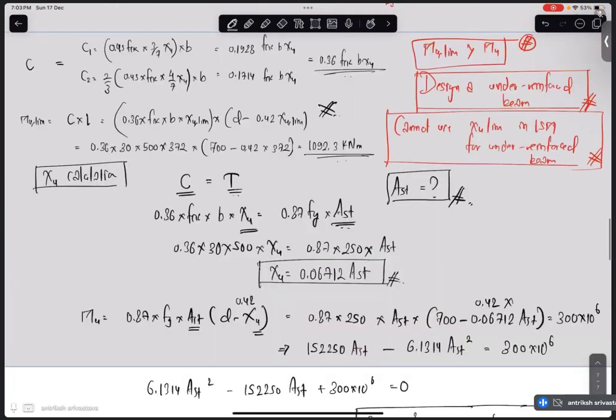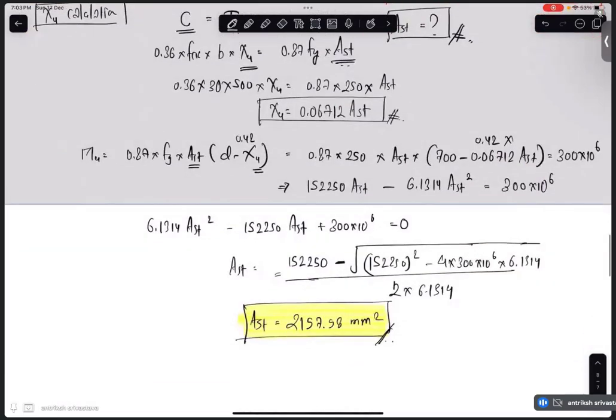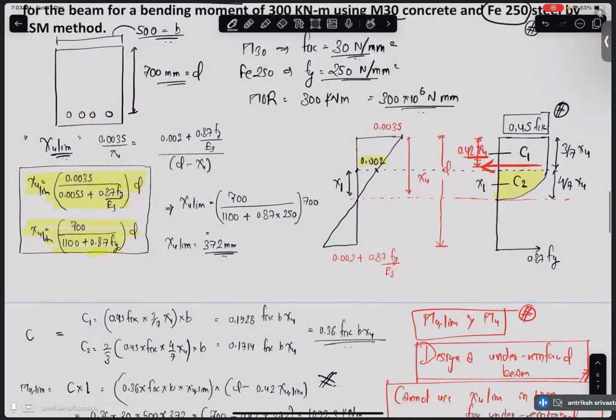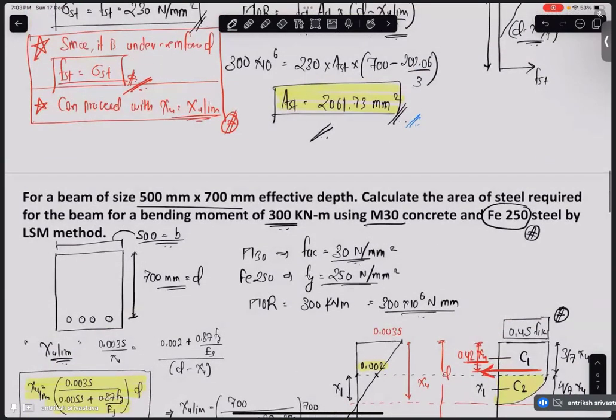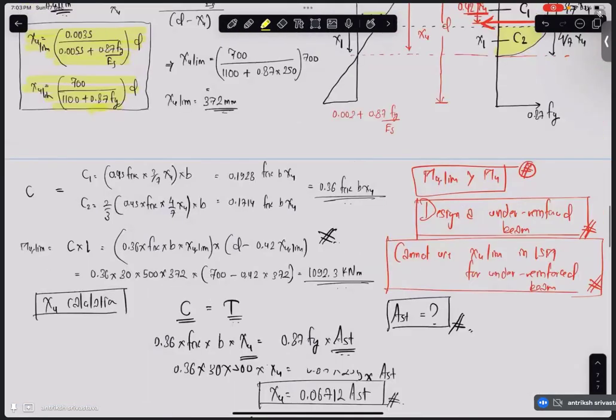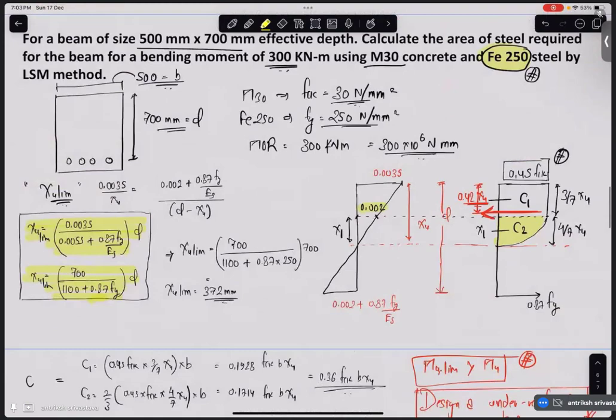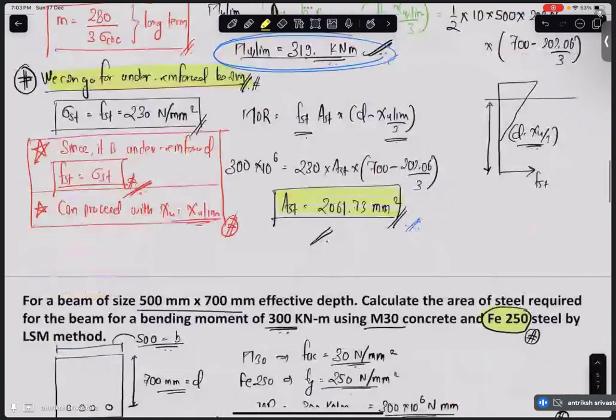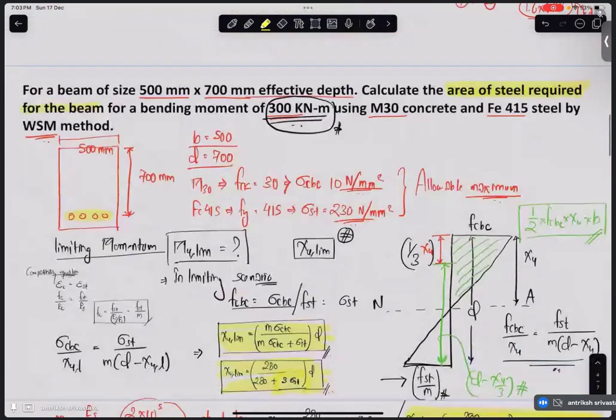Okay, so this is the area of steel, and if you remember, I told you earlier when we solved this question that even by using a lower grade concrete and lower grade steel, with almost the same area of steel, we are able to resist the same bending moment which we could resist by using a very high grade steel in case of WSM, right?